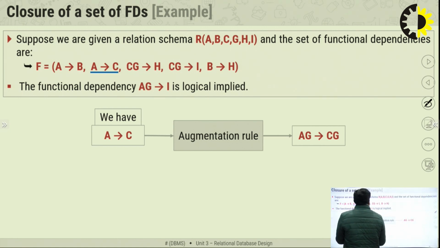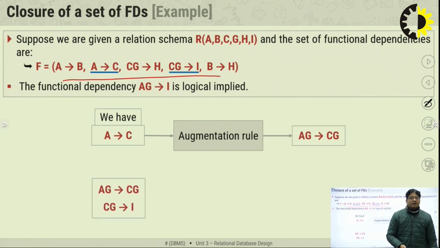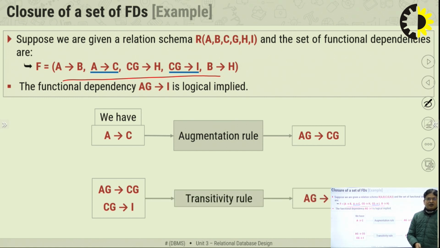There is no FD here which says AG determines CG. This we have derived using the augmentation rule. Now AG determines CG and CG determines I, then applying the transitive rule we can say that AG determines I. We are applying the transitive rule on these and we get a new FD, AG determines I.